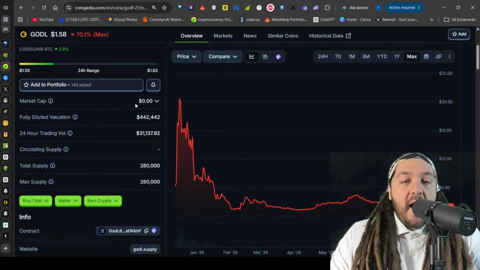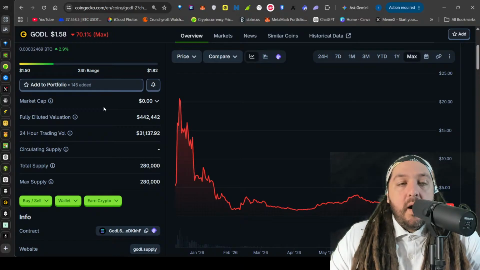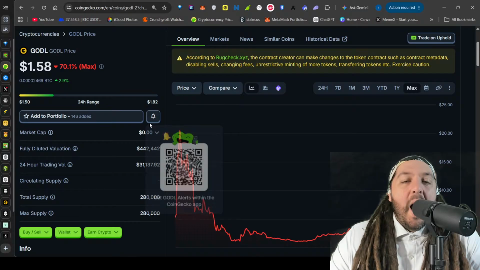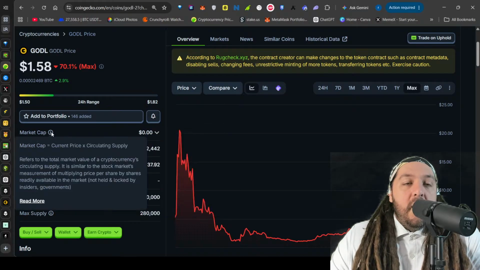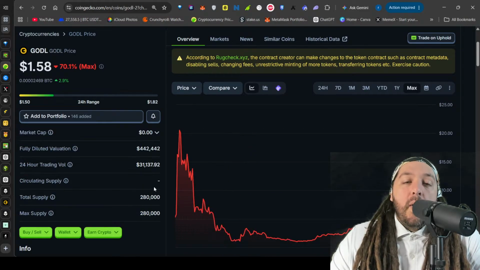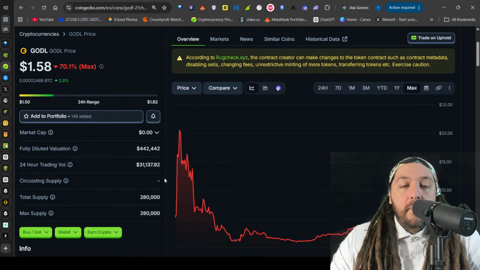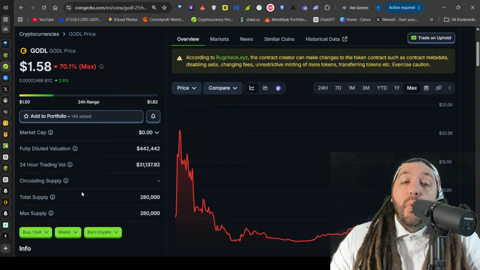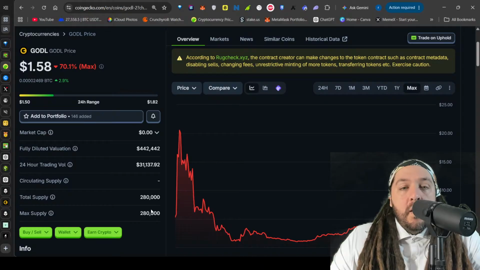Okay, so we don't have a market cap for Godel. Why? Yeah, I know how to calculate it. It's because we don't have a circulating supply. Huh. So we have a max supply of 280,000, which is super small. It's very, very small. Really good for tokenomics.